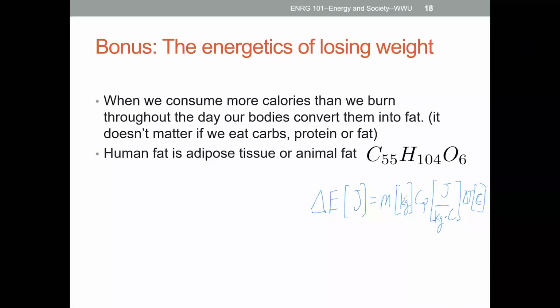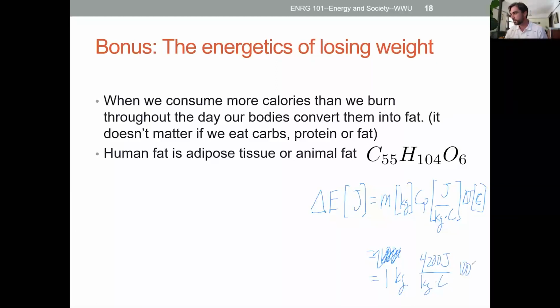So say we have a kilogram of water and we want to change its temperature by 100 degrees. Then the amount of energy we need is 1 kilogram times the heat capacity of water, which I think was 4,200 joules per kilogram per Celsius, times 100 degrees Celsius.